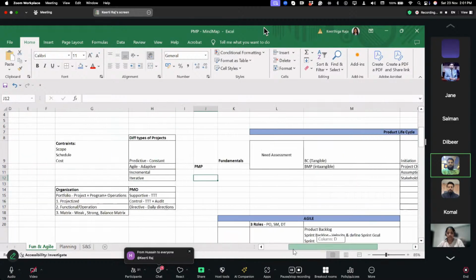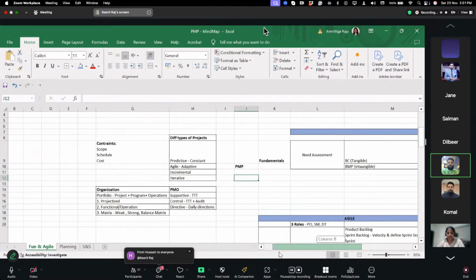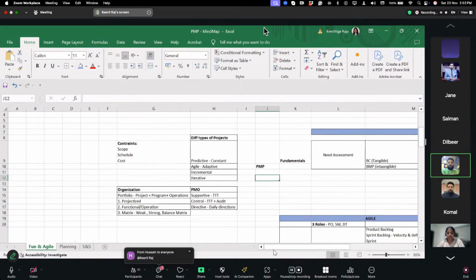Now, if we go to the types of projects, we basically have two types. One is predictive, which has a constant or waterfall approach. The other, which is used, is agile, which is adaptive, incremental, and iterative in nature.